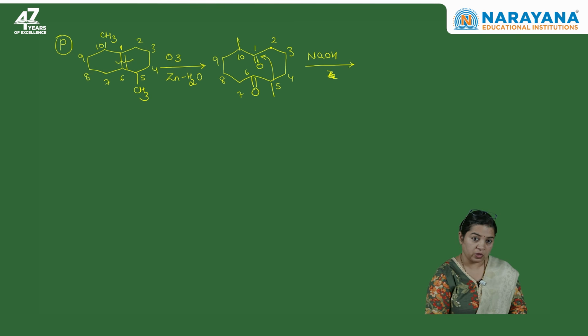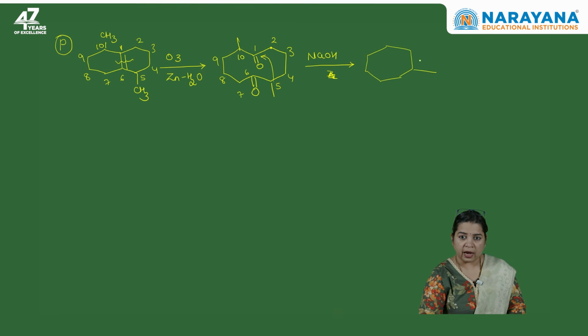Oh no, 7. See, 1, 2, 3, 4, 5, 6, and 7. So on one side I will have a 7-member ring, and on the other side a 5-member ring, and the junction points are 1 and 5.